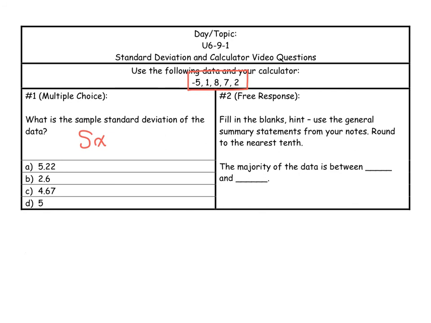So the majority of the data is between which two standard deviations. Keep in mind it's going to be the mean minus 1 standard deviation and the mean plus 1 standard deviation. And where do you get that standard deviation? You get that from that question right there. And again, if you have questions, just fill them out on the question form.